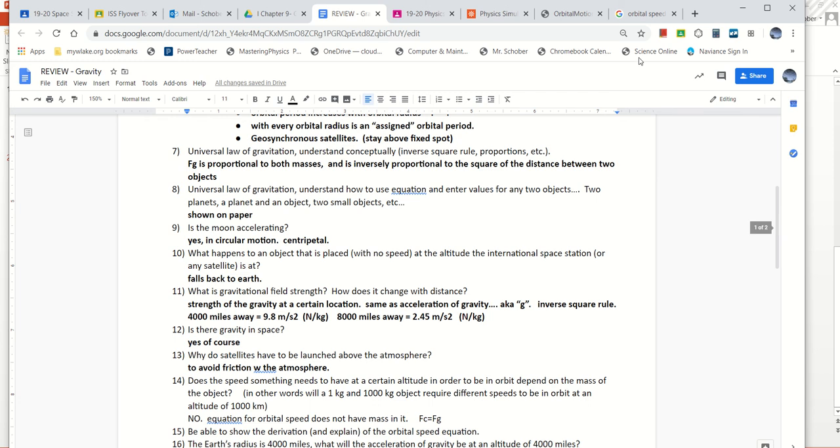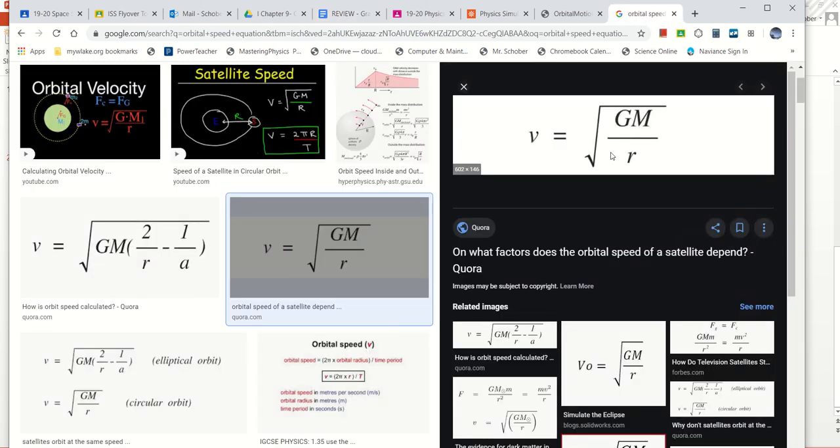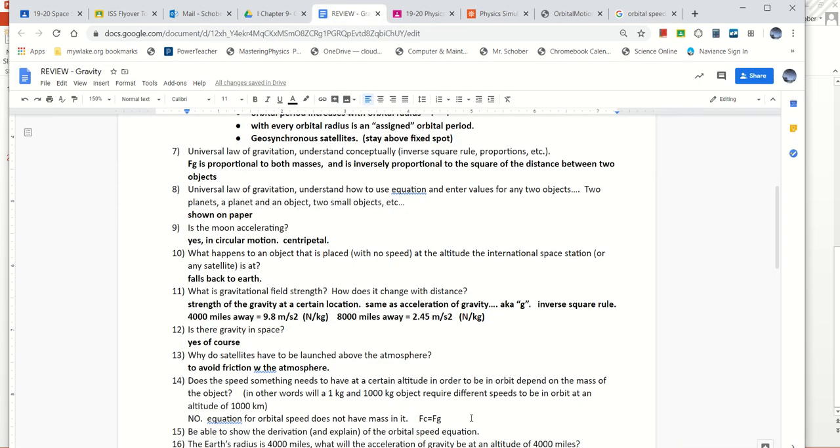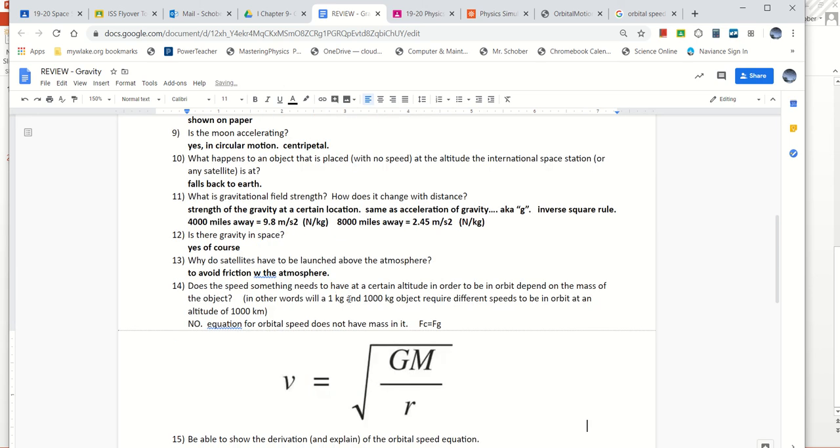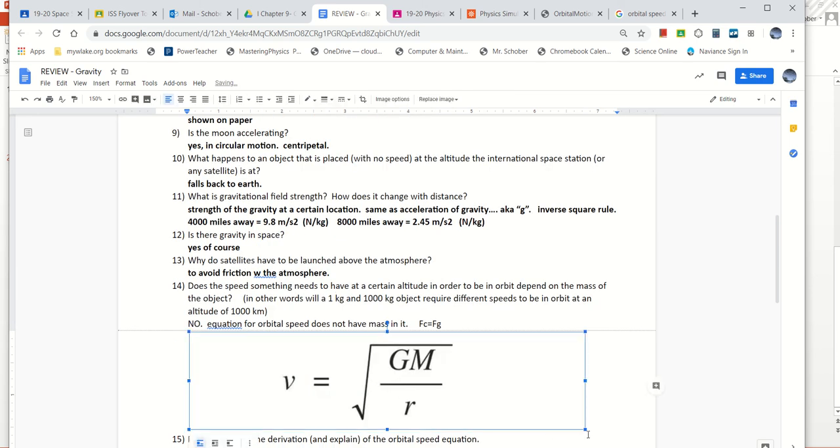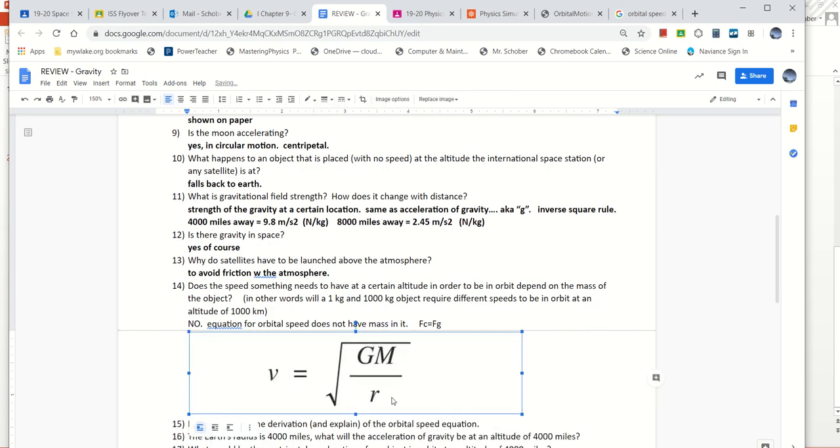Now, if you look at that equation again, it's pretty simple, and you see the radius here.